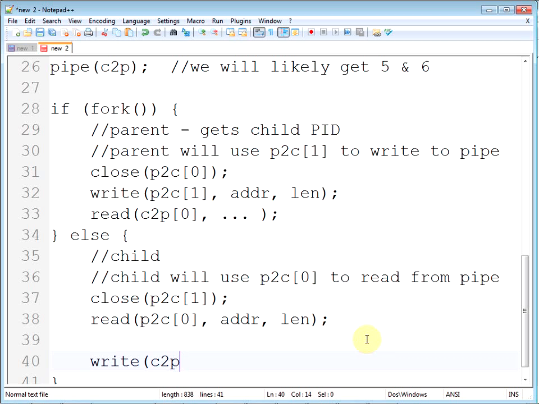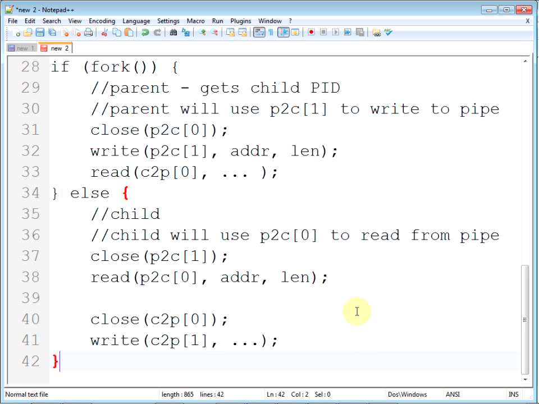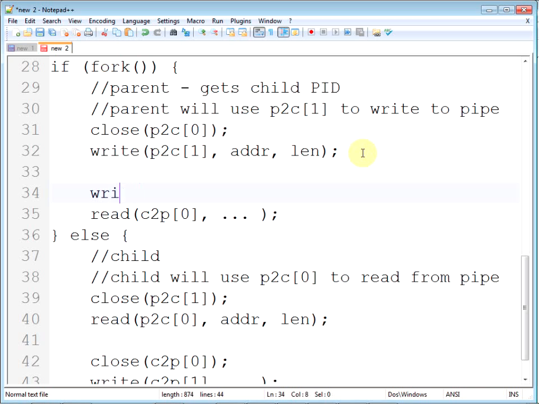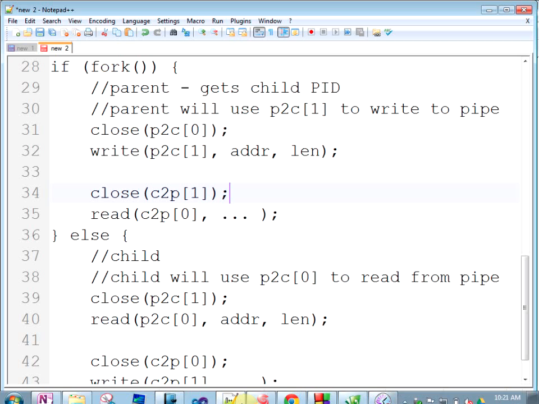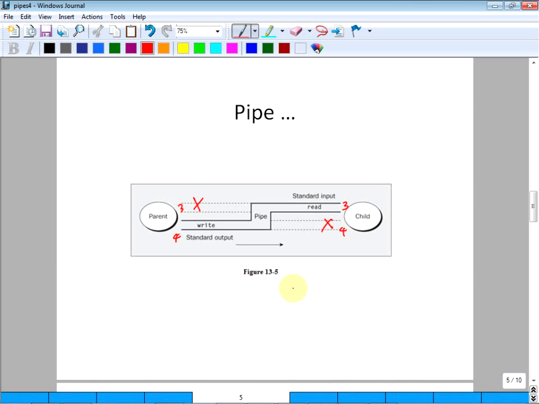Similarly, here the child is writing, right? Writing, we always use the index 1. So if you want to close the other one, you can close the other one, C to P. What we did, if you go back to this picture, is we created one more pipe like this, for reading on this side and writing on this side.